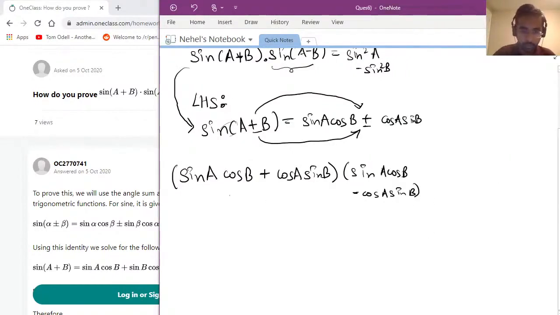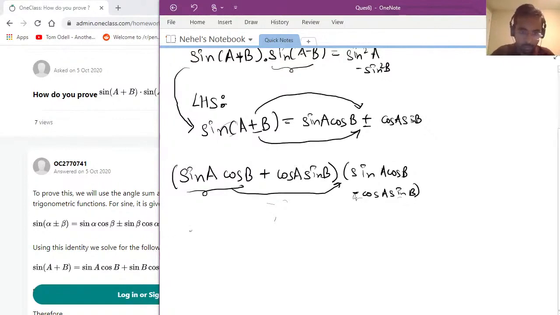Now if we go ahead and multiply the two terms, we can start multiplying individually first, so it's easier. If I take this and multiply it first, what will I get?